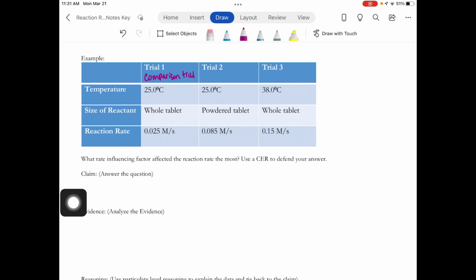So when we're going from trial 1 to trial 2, the thing that we changed was the whole tablet to the powder tablet. So we tested the surface area.